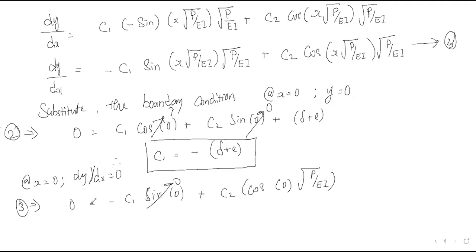So the equation is C2 into root P by EI, therefore C2 becomes 0. So let us go to the other boundary condition.